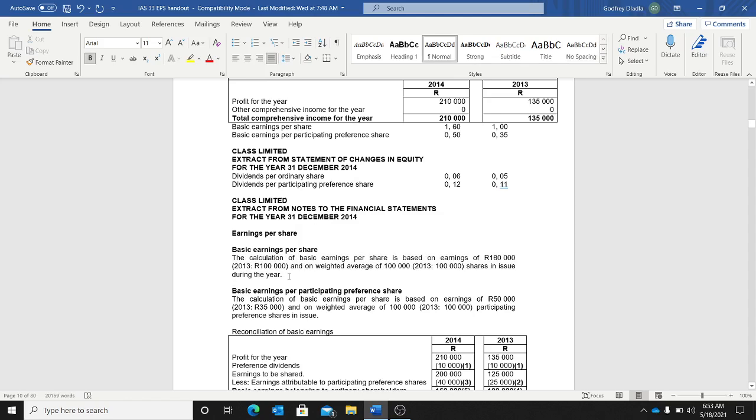So you don't say anything about that here because there are no shares that were issued for free, like share split, capitalization, rights issue. Obviously, if those were there, you'll say something about them, and then you'll state that the prior year figures were corrected. Okay. So in this case, because they are not there, you don't say anything about that.